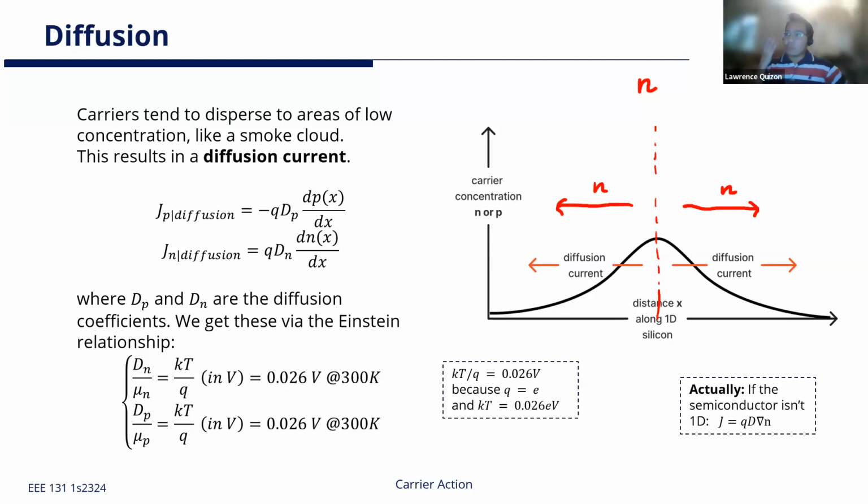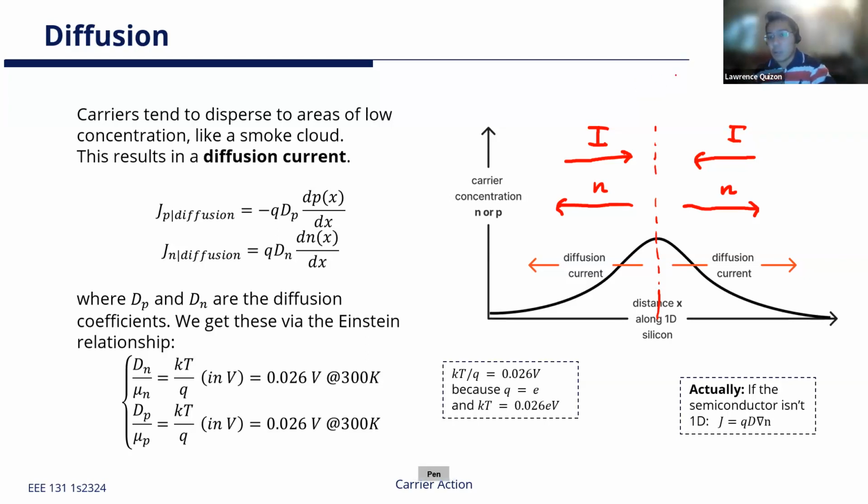And the current is the direction of the flow of positive charge. So then, the current goes in this direction, and vice versa, the current will also go in this direction here. So if this were a concentration of electrons, that is the direction of the current.